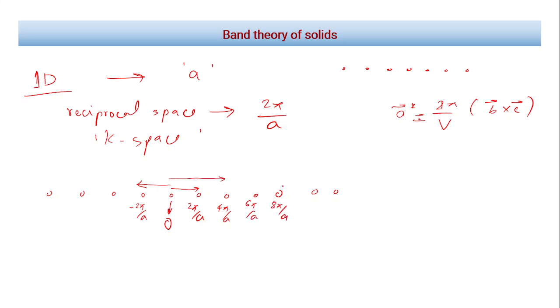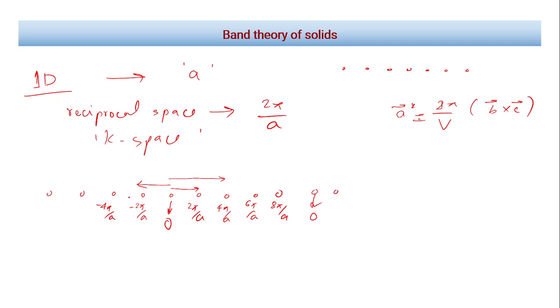These lattice points can be represented by the lattice vector correspondingly. If this is the origin, then this is 2 pi by A, this is minus 2 pi by A, this is 4 pi by A, this is minus 4 pi by A, and so on in both directions. If I change my origin, if I take this as my origin, then this will be minus 2 pi by A, and this will be plus 2 pi by A.